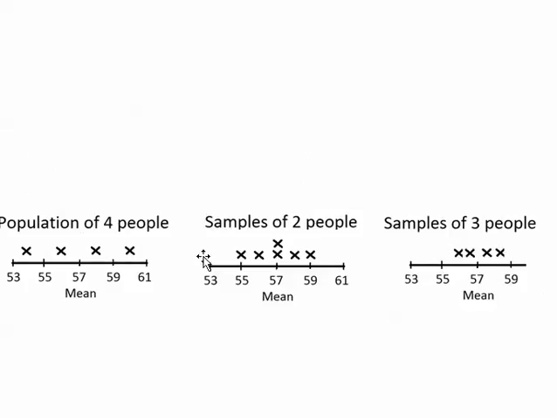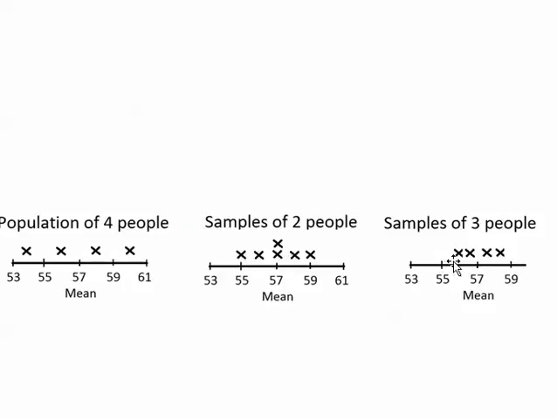So here we have a visual that shows us that the 4 individual people in the population have the most dispersion. Their individual heights have the most dispersion. The means of the possible samples of 2 people have less dispersion. They're closer together than the individuals are.